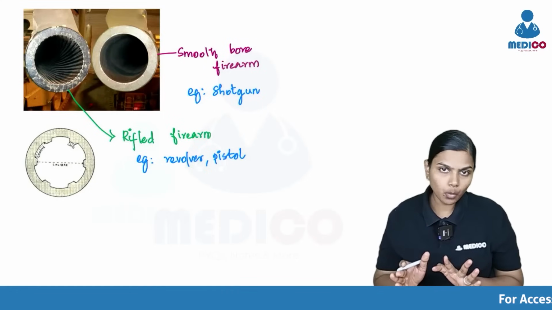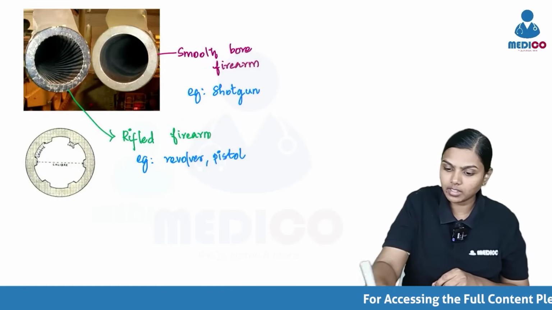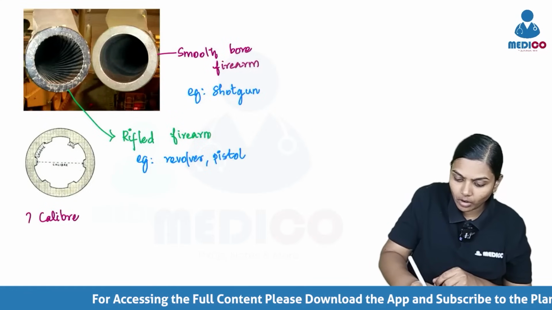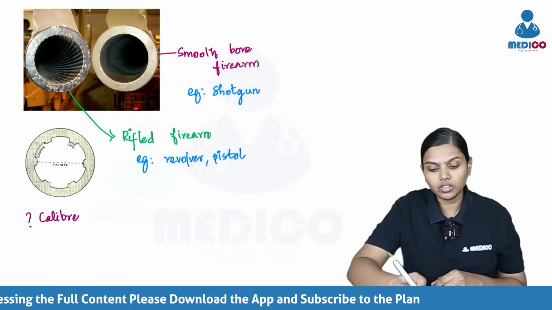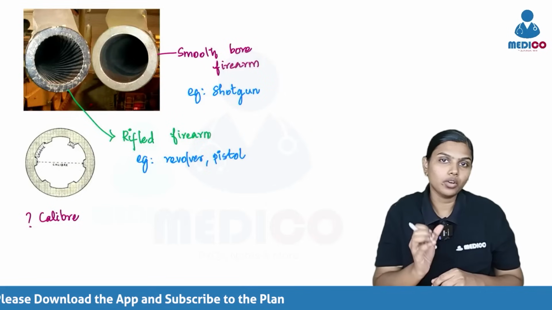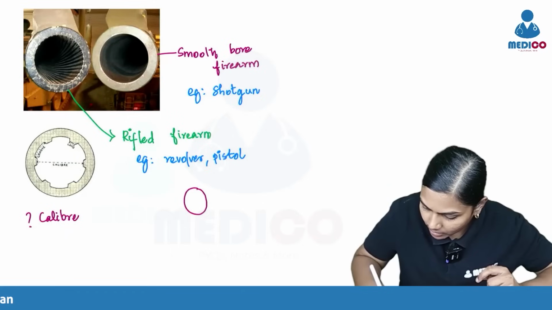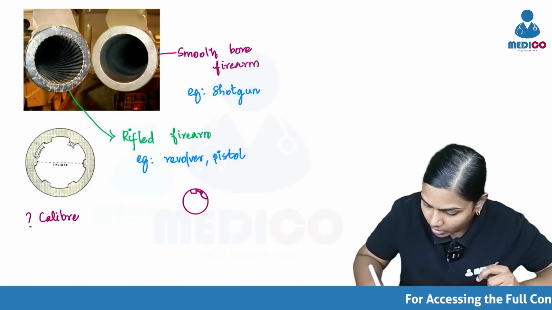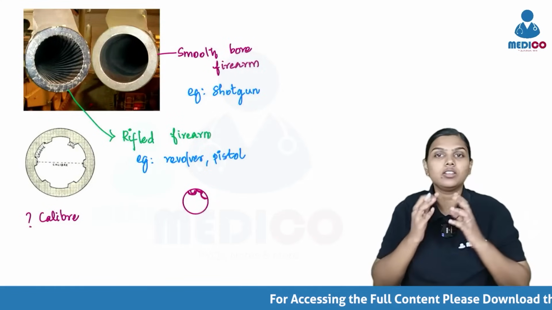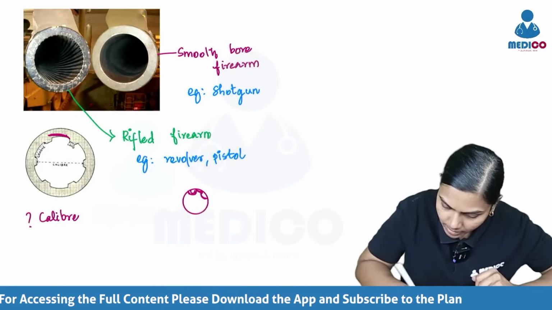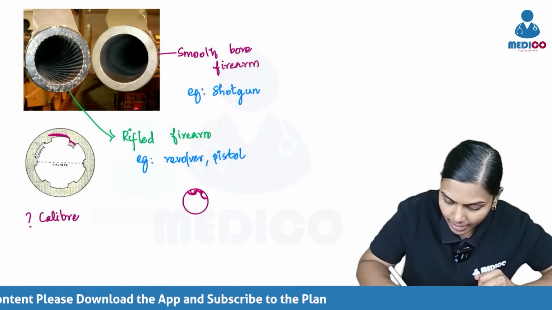From an exam point of view, what we need to know is caliber. So what is caliber? We said that inside the bore we will have rifling. Like this, you will have an elevation, then a depression, then an elevation again. This is how rifling looks inside. This is a depression, this is an elevation.